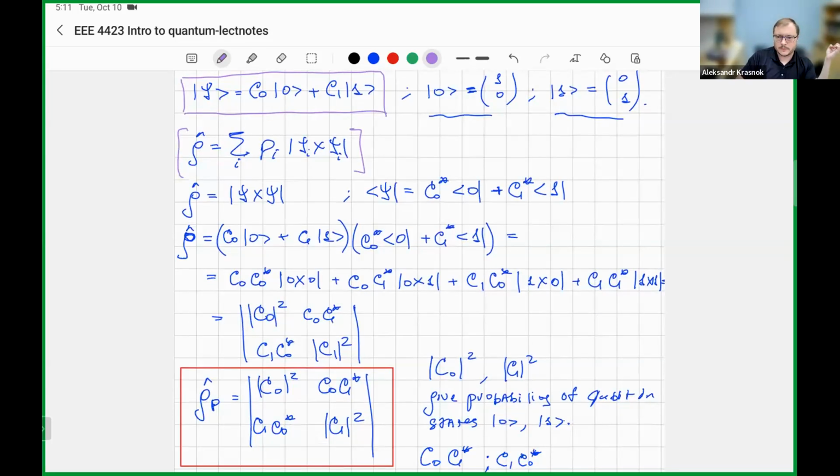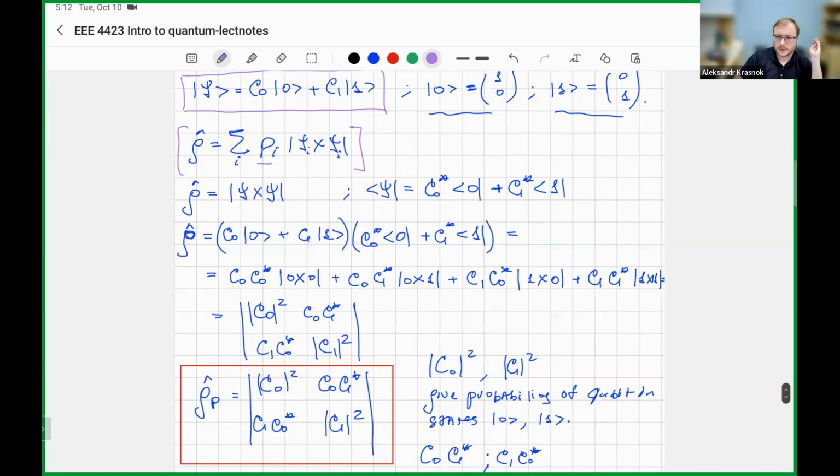It is basically a sum over all the different states in the classical probability theory meaning. This P with the index i denotes the probability of finding a system in some state i.